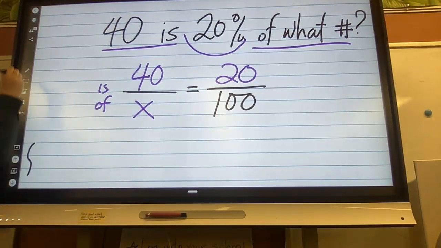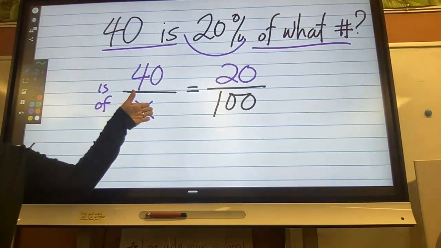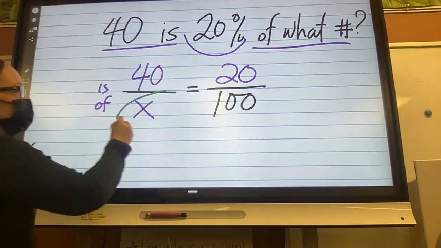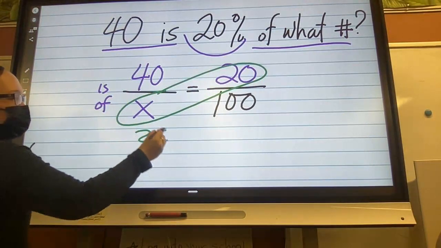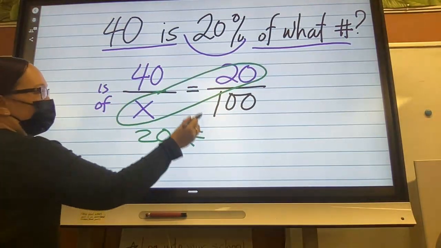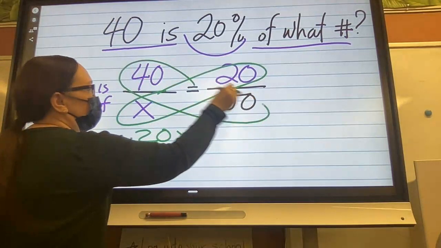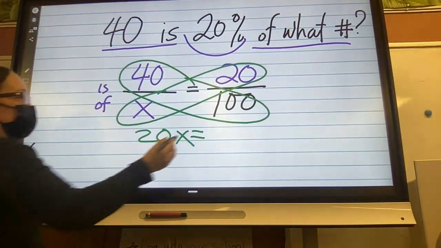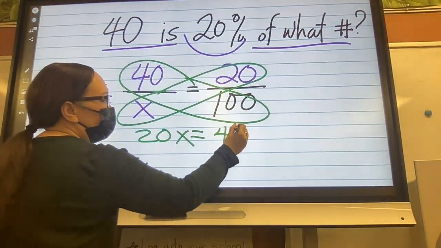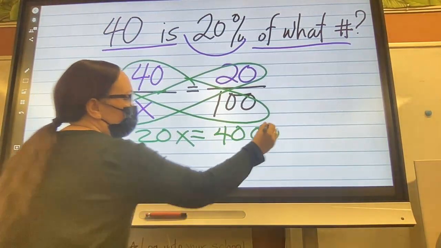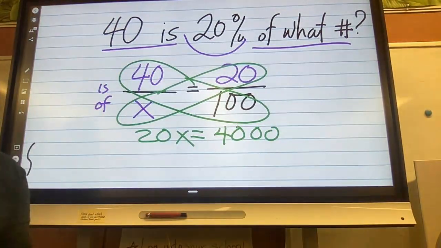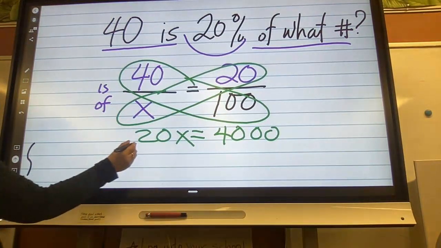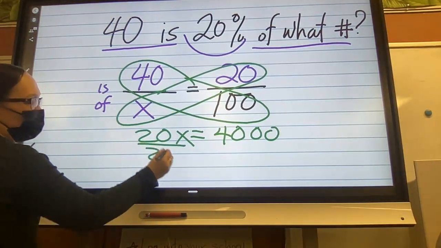Then we cross multiply again. Same as usual, we start where x is. So you cross multiply 20 and x, which gives you 20x. And then we cross multiply 40 and 100, which gives you 4,000. Then we divide both sides by 20.